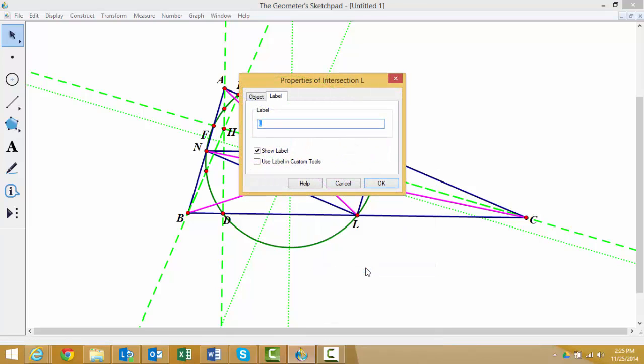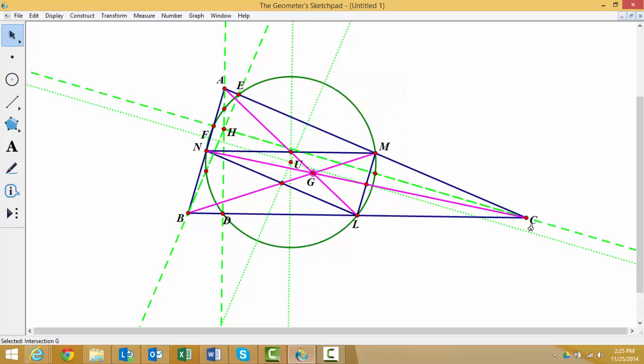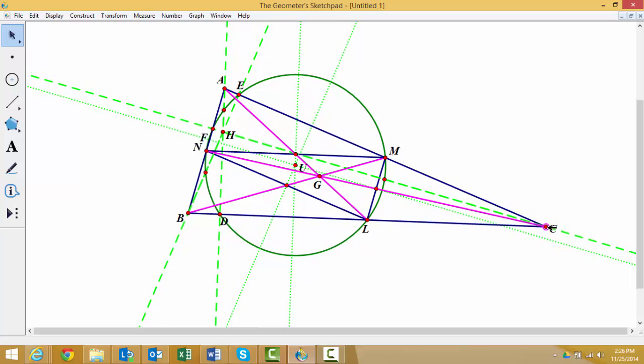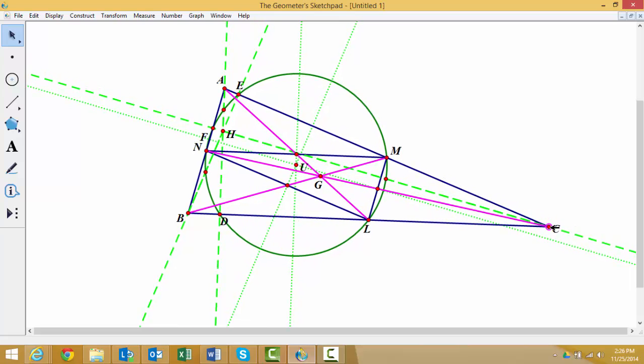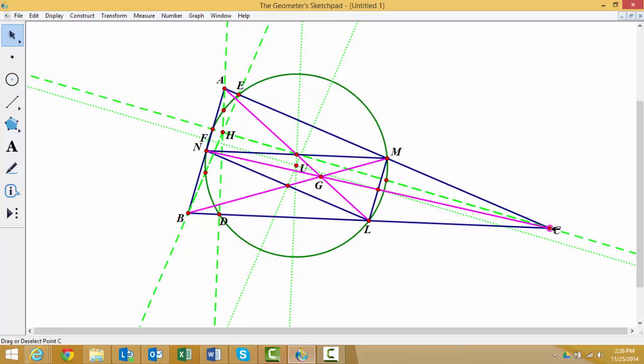I'm going to call it G, which is the centroid. The centroid is the intersection of the medians. The next thing I'm going to do is join this H and G.